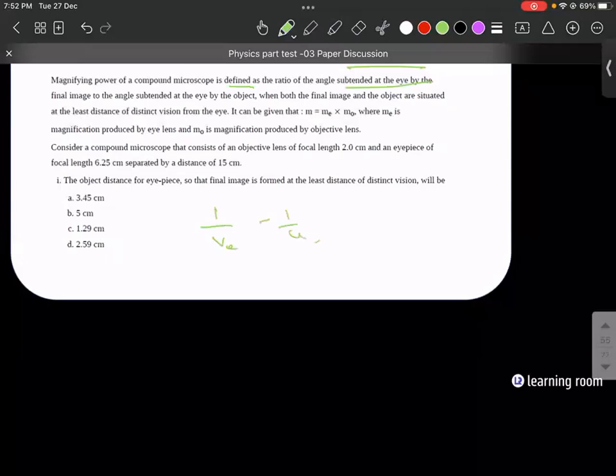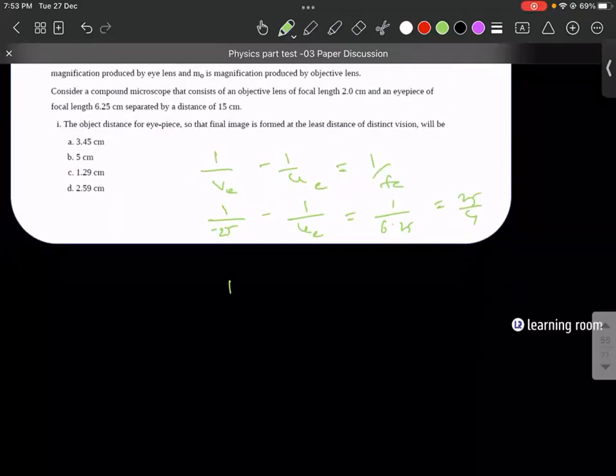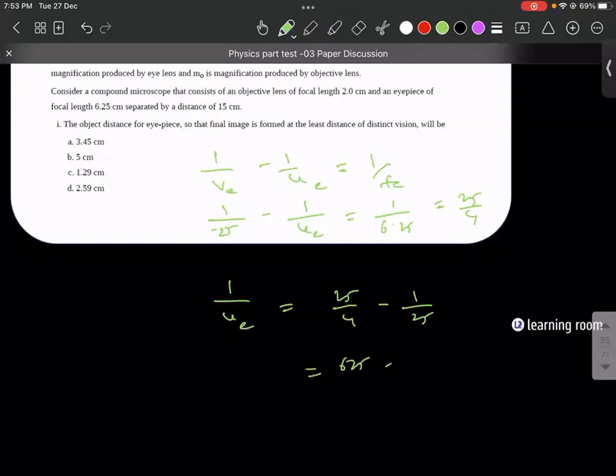1 by VE minus 1 by UE is equal to 1 by FE. The final image is formed at the least distance of distinct vision, so you'll write it as minus 25. Minus 1 by UE, which is what we need to find, is equal to 1 by FE, which is 6.25. So 6.25 is going to be 25 divided by 4. So 1 by UE is equal to 25 by 4 minus 1 by 25.